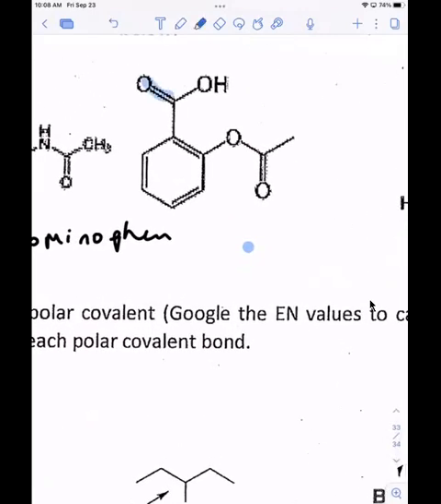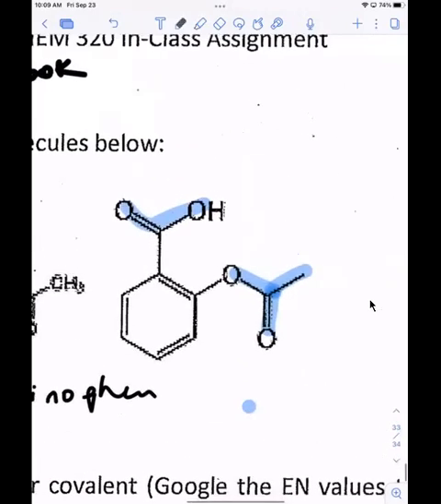What about here? The one at the top is an acid. Okay, good. Carboxylic acid.